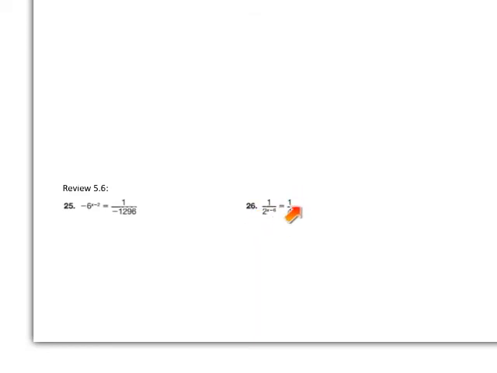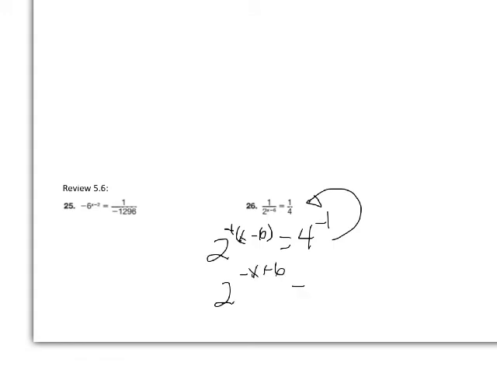And same thing here, so it would be 4 to the negative first power, like this. So these two are the same. Okay, so you do the same idea for this one, but it'd be to the negative first. That's a -1. So then that would turn into negative x plus 6 equals 4.